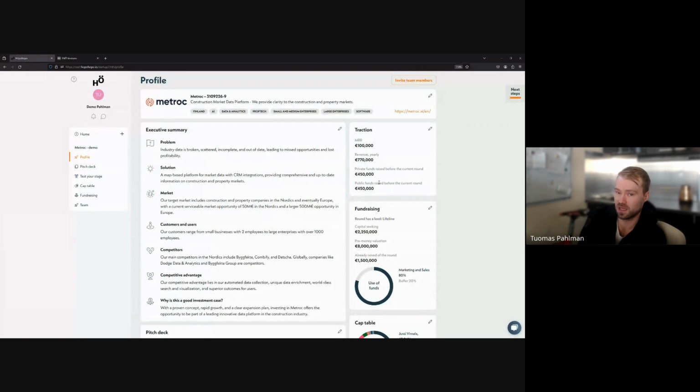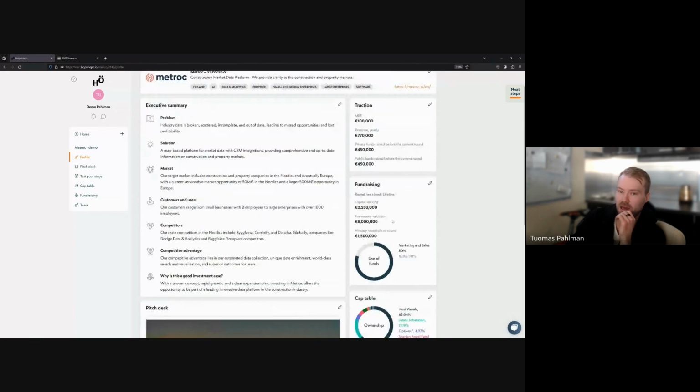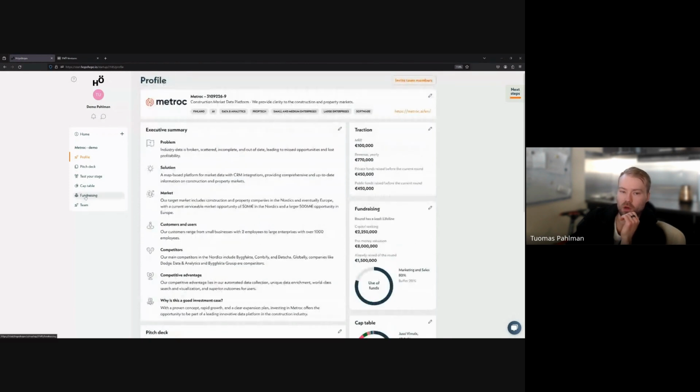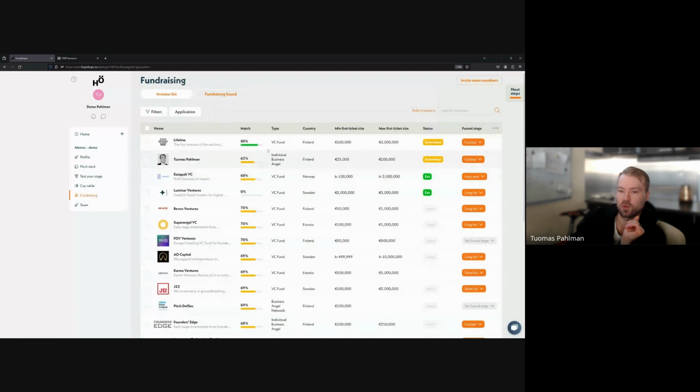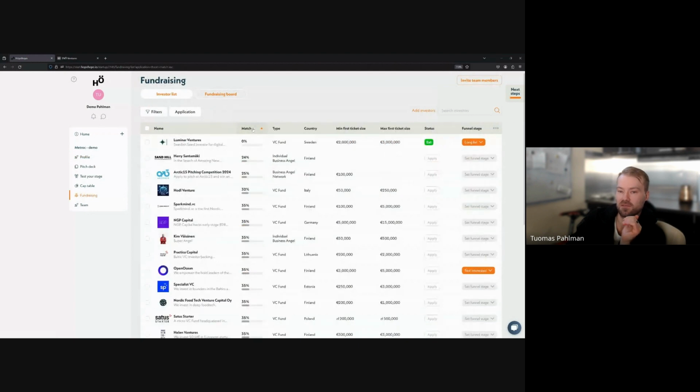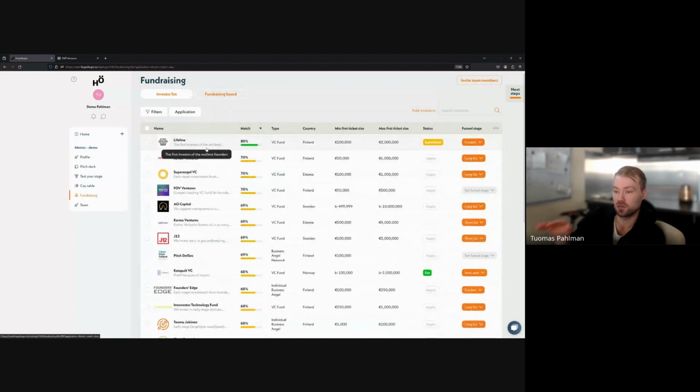We estimate from there your stage, how much capital you're seeking, and what the industries are. Then we go through the best fitting investors for you, so you don't need to spend time on qualifying and going through the details. We simply give you a fit score, how well your investment case fits the investors' thesis. And this is an example.